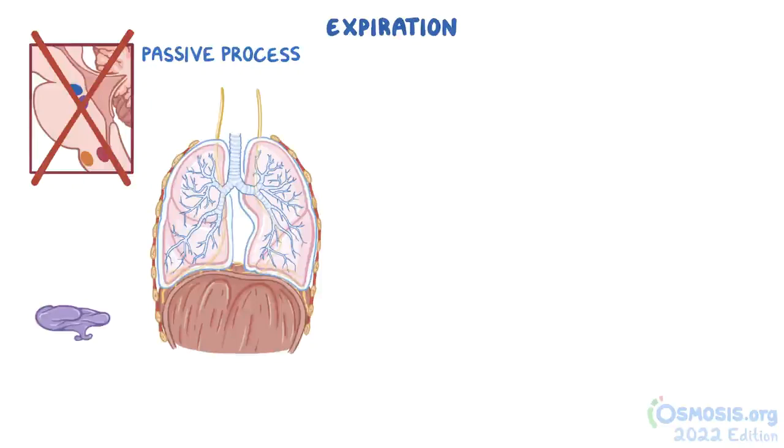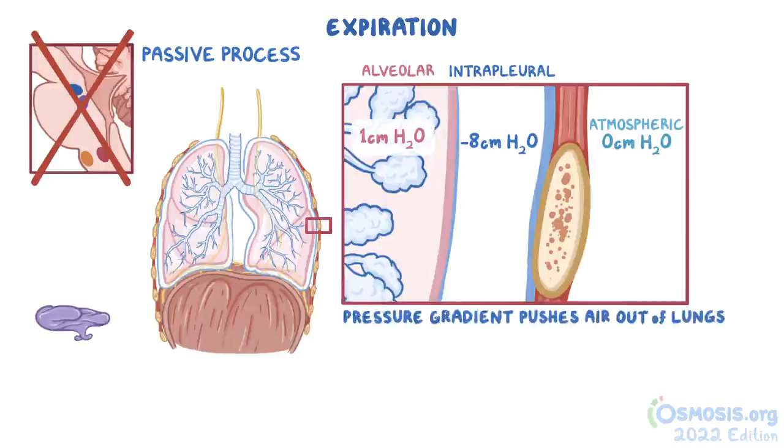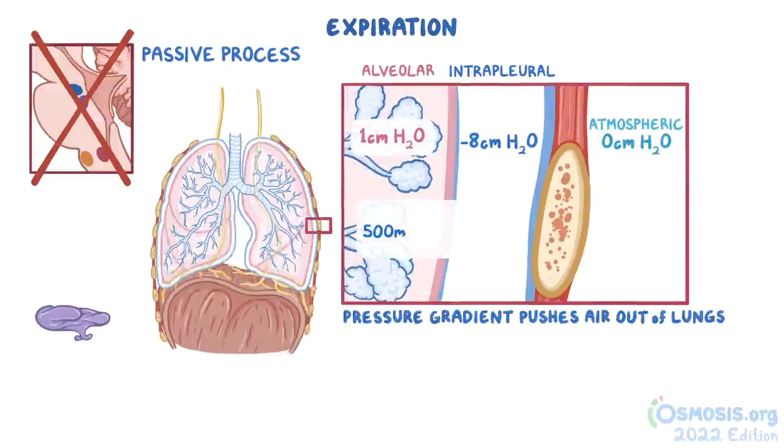So essentially, the lungs squeeze back to their initial size and put pressure on the volume of air inside the alveoli. This makes the alveolar pressure increase to +1 centimeters of water, which is higher than the atmospheric pressure, creating yet another pressure gradient. But this time, the pressure gradient pushes the air out of the lungs, but about 500 milliliters of air, representing the FRC, remain inside the lungs to prevent the alveoli from shutting closed.